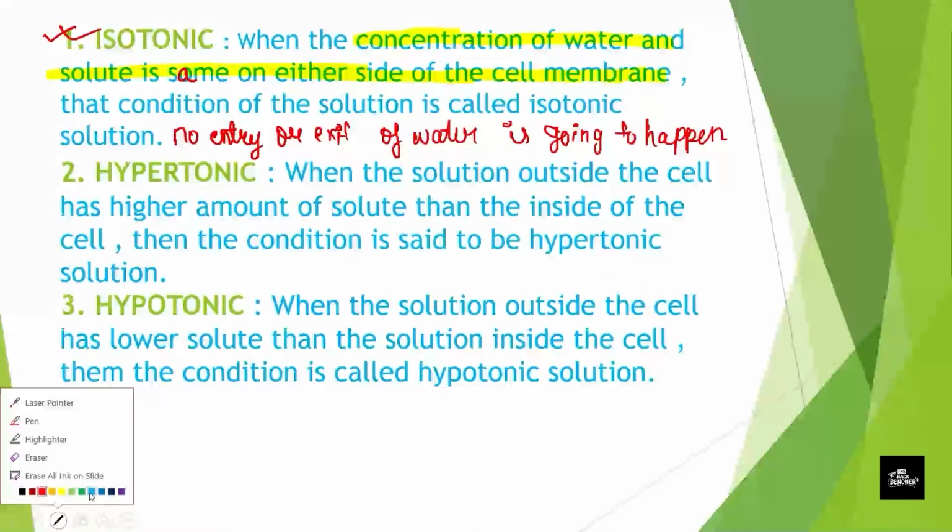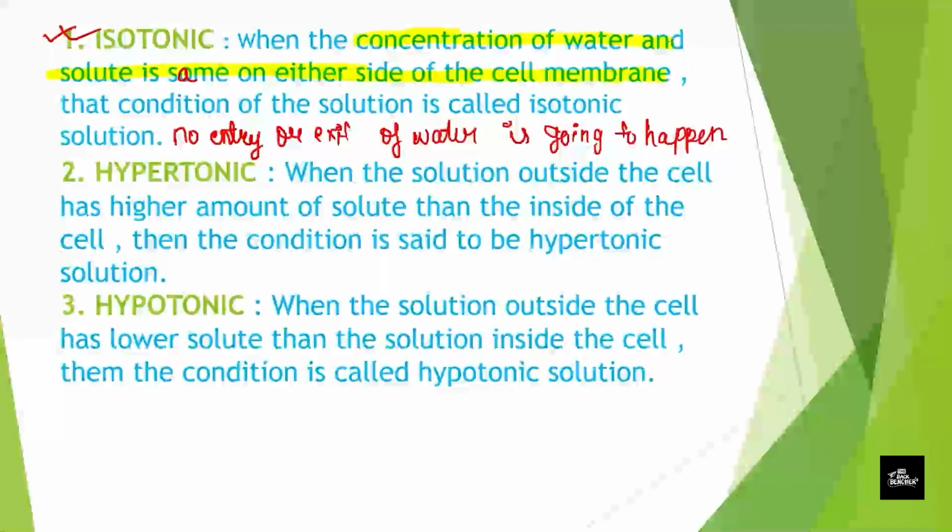If you remember the definitions of endosmosis and exosmosis from the previous session, endosmosis means when osmosis takes place and water goes inside the cell, and exosmosis means when water comes out of the cell through osmosis. So when the cell is in isotonic condition, no endosmosis or exosmosis takes place.